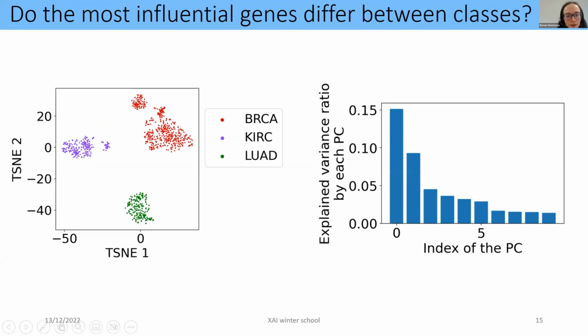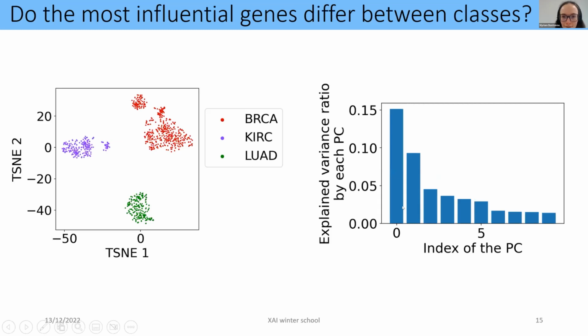So we took the attribution scores and computed a t-SNE on them, and we show our samples. Here there are only 3 classes. Each point is a sample, and they are well classified. So the attribution should rely on different genes.